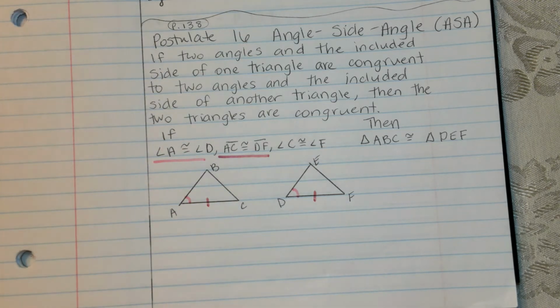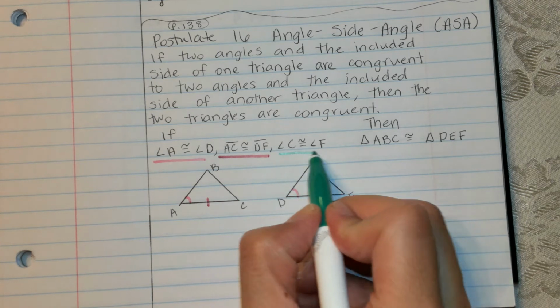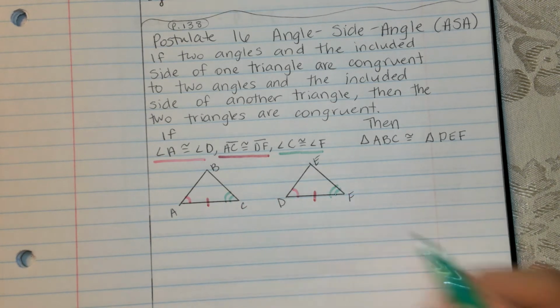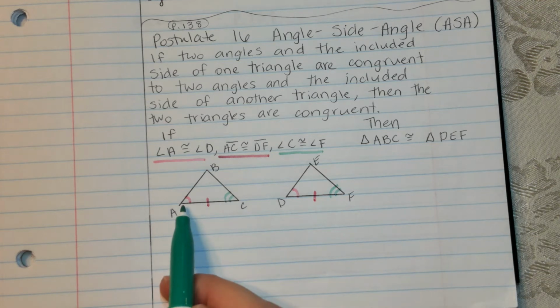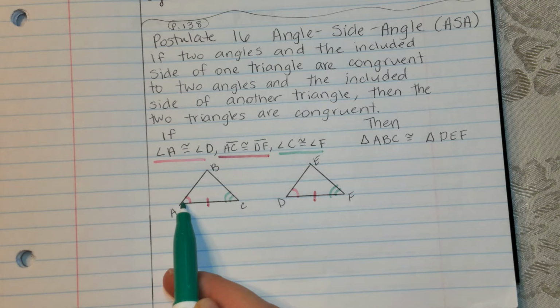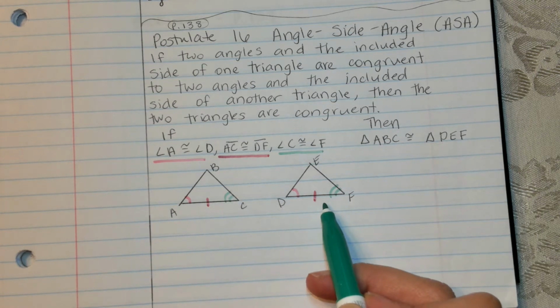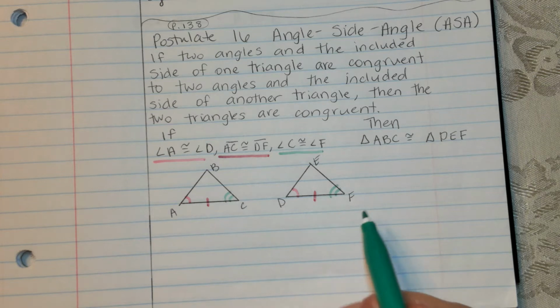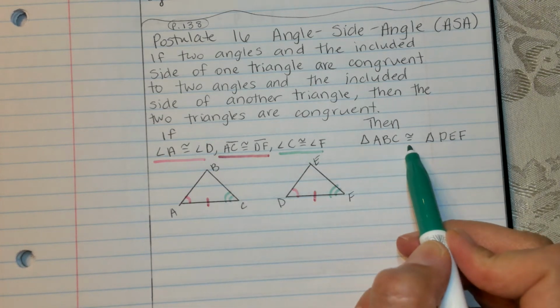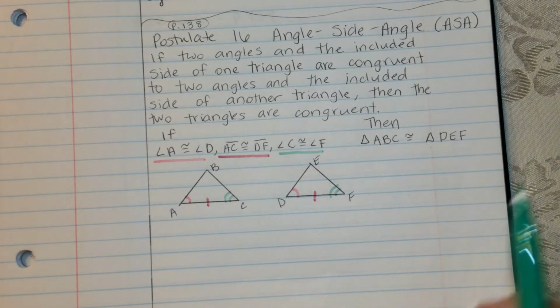We've got angle C is congruent to angle F. I'll do two arcs, and I'm also using different colors to show. So see how it goes angle, side, angle. It has to be the included side that joins or like touches the two angles. And then it has to match up with your congruent triangle. So then we've got, if that is true, then triangle ABC is congruent to triangle DEF.